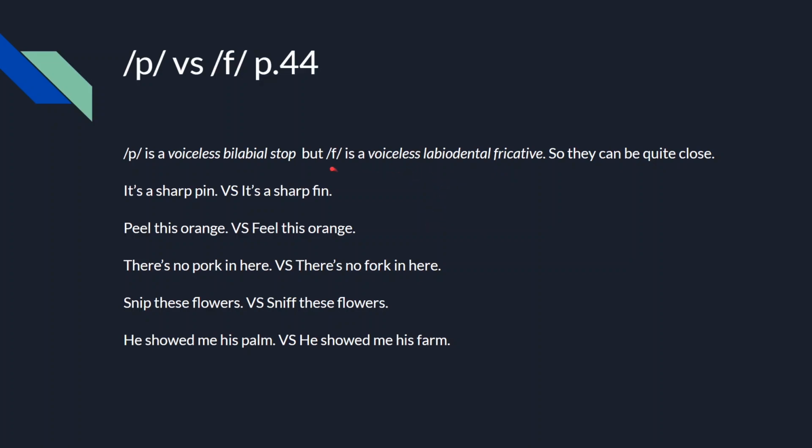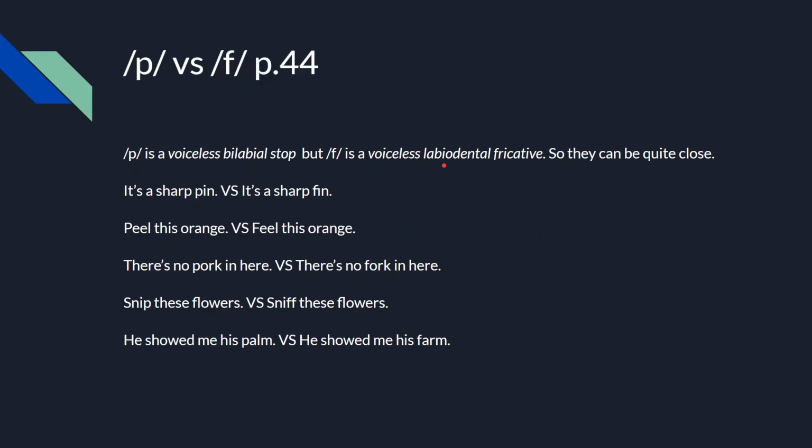Now, we don't have a natural F sound in Korean. So F is a difficult sound for Korean speakers to start making. It's not natural. So quite often the Korean approximant of piup will be used. French fries, it's an approximant, a replacement, but not the actual. So voiceless again, F, labial dental.